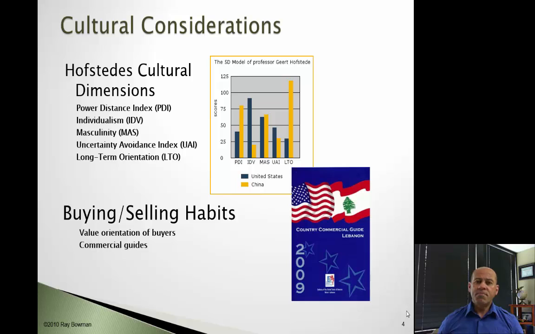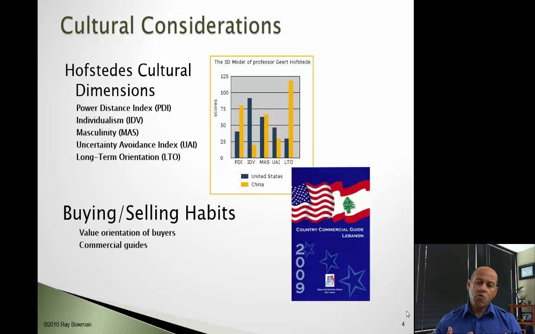The next area is buying and selling habits. Consumers are different in different markets, and it's important to realize that they're different and try to understand what those differences are. Some have a different value orientation. In other words, in a market that has a lot of disposable income, the consumers may be less concerned with quality.